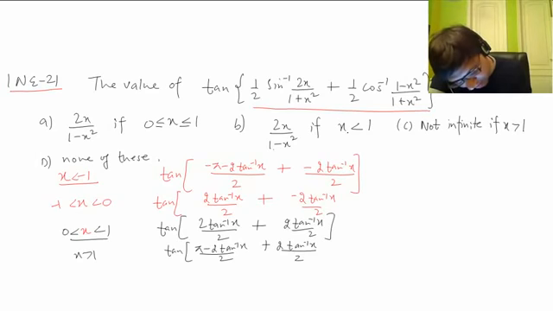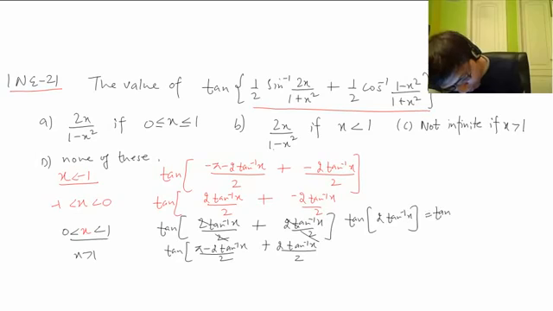First of all we see the choice between 0 and 1. Between 0 and 1, the 2 cancels out with this. This is tan of 2 tan inverse x, and then we can write 2 tan inverse x as tan of tan inverse of 2x over 1 minus x square using this formula, right?